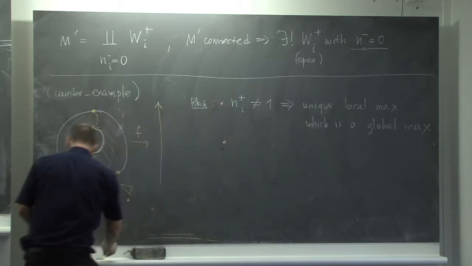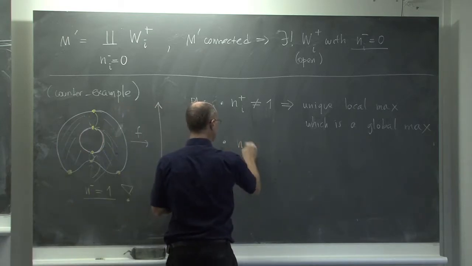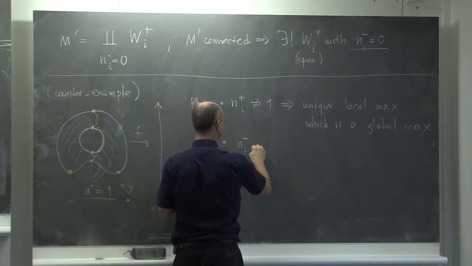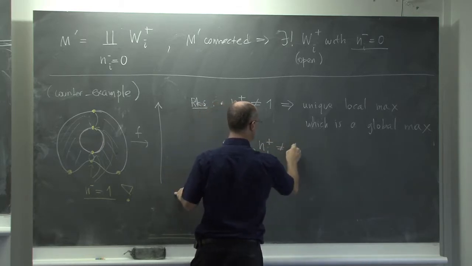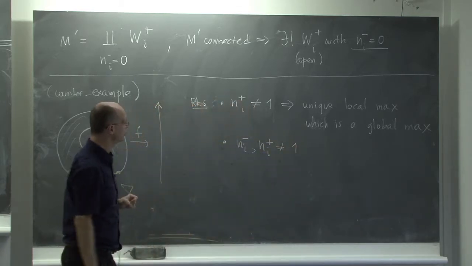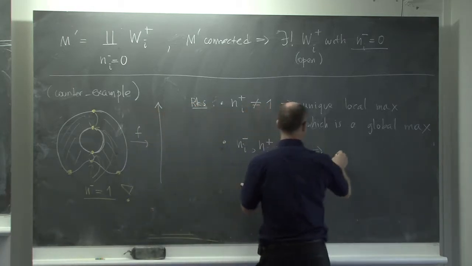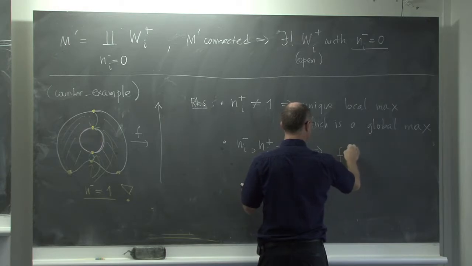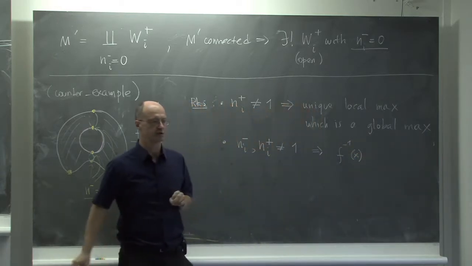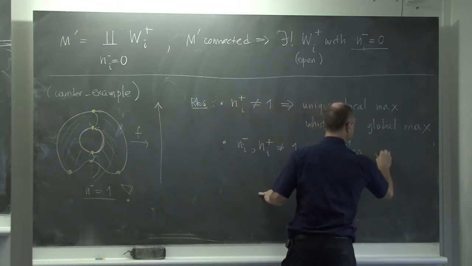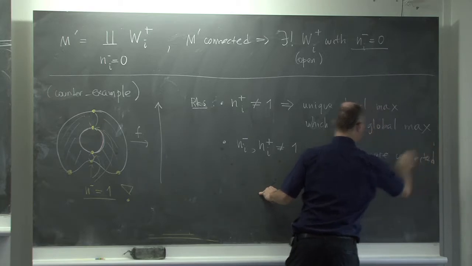Something more complicated: if both n_i plus and n_i minus are not equal to 1, then the fibers of the Morse-Bott function are connected.